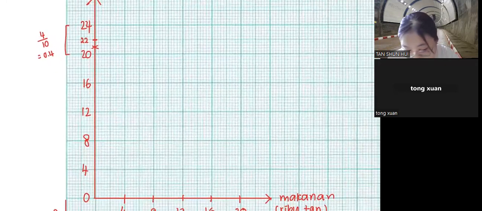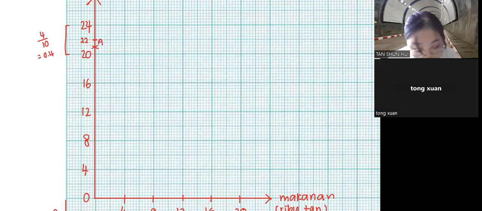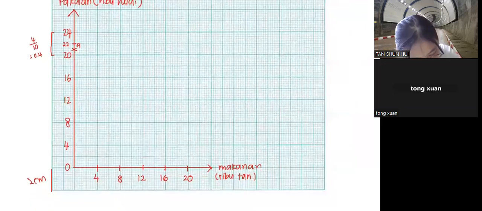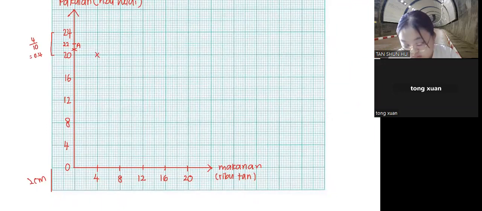Okay, and then the second one, they tell you, this is A. B is what? B is 4 and 20. 4 makanan, 20 pakaian. Okay, and then 8 makanan, 18 pakaian.